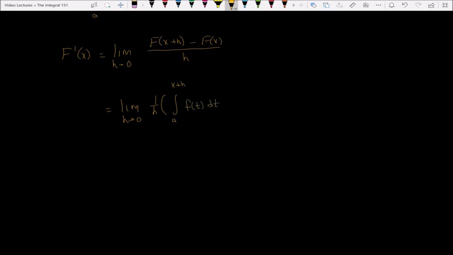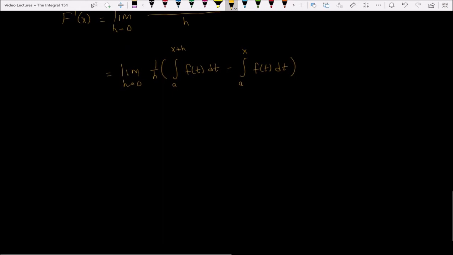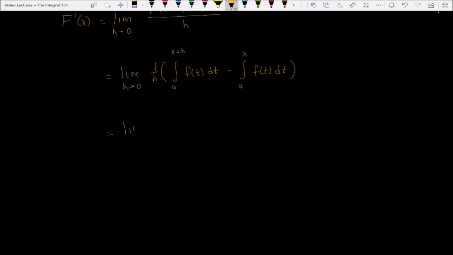f of t dt minus the integral from a to x of f of t dt. Using properties of integration, we can write that second integral as plus the integral from x to a f of t dt.